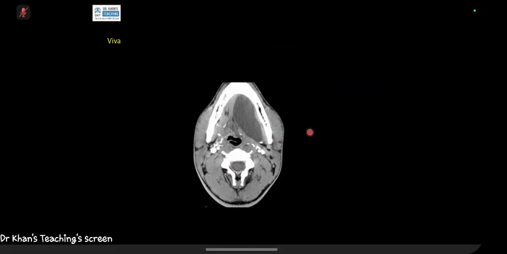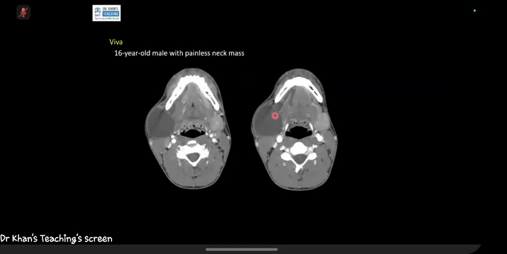So this is a case of ranula which is not plunging, it's a simple one. This is a plunging ranula, and there is a sign which was visible in our case, which we call the tail sign. It has got a tail because part of the retention cyst is still sitting in the sublingual space.